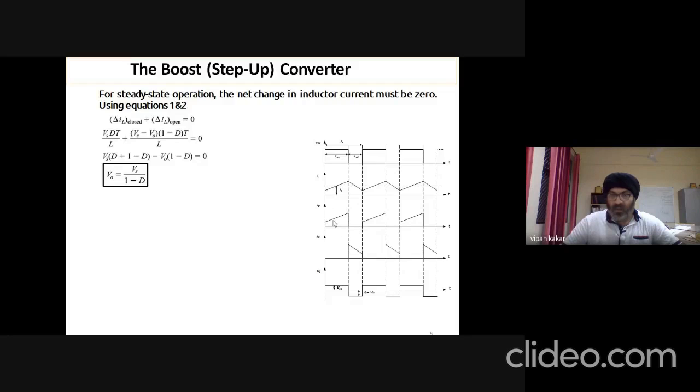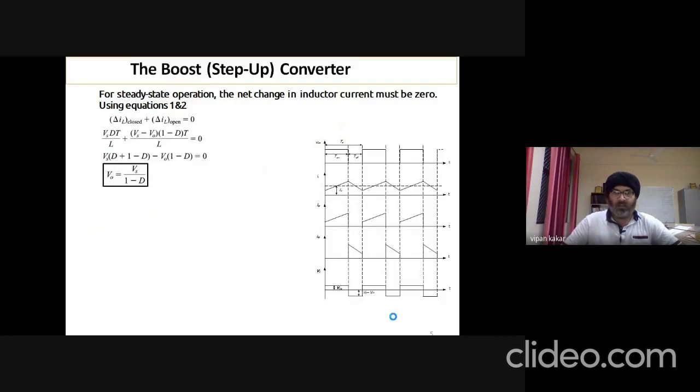The ramp up is the switch current, because the inductor current ramps up when the switch is on. The inductor current ramps down through the diode when the diode is forward biased. Superimposing both of these, we get the continuous inductor current.